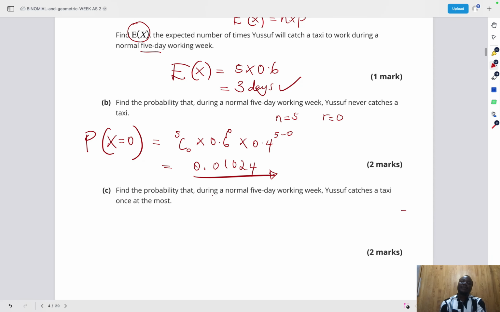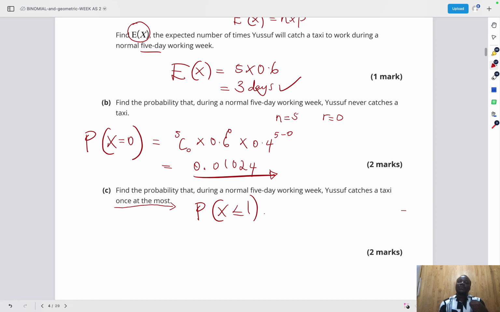Then find the probability that during a normal 5-day working week, Yusuf catches a taxi at most once. At most once means that's the maximum. So we are saying Yusuf should catch the taxi one time or less, so Yusuf should never catch the taxi more than once.